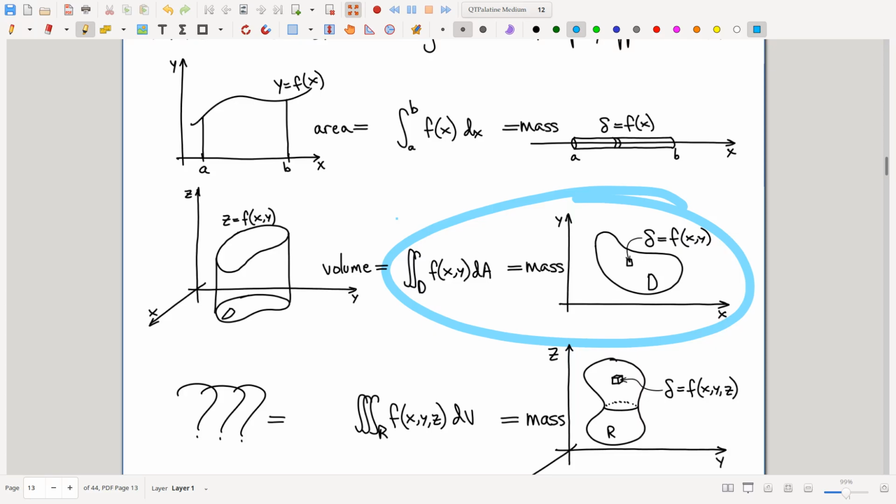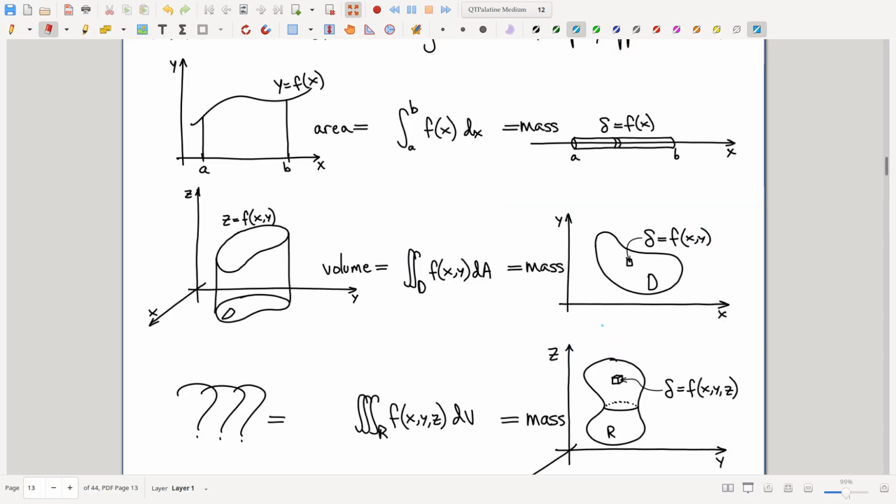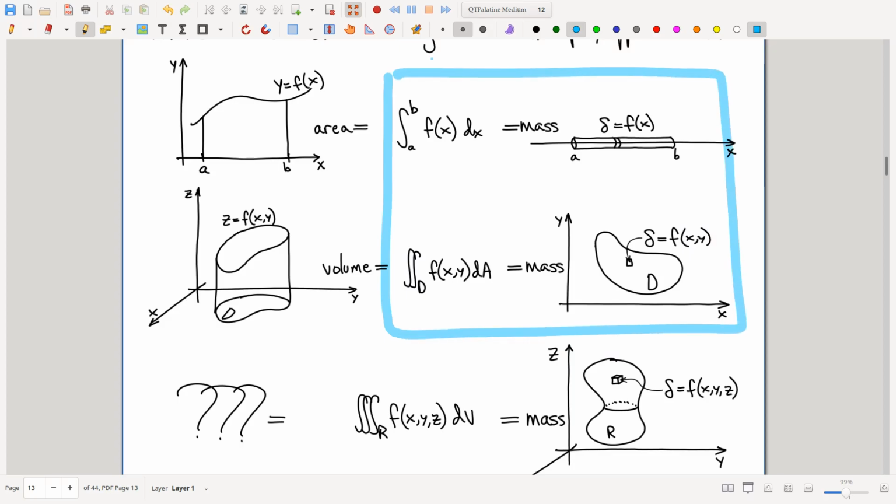Maybe you're counting the number of people in this weird-shaped little country or whatever. Maybe this is a pond in your backyard and you want to estimate the number of fish. I don't know. Whatever. Okay. So again, I recommend this point of view because of its likely relevance to what you're going to actually see.